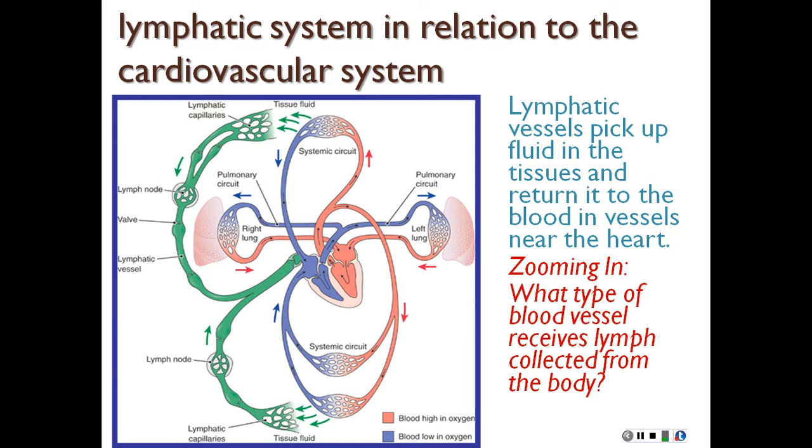Oxygen rich, right? So in those red vessels, the blood is oxygen rich. Most of the time, that's going to be in arteries if it's the systemic circuit. The blue represents CO2 rich blood. Good. And the green are the lymphatic vessels.